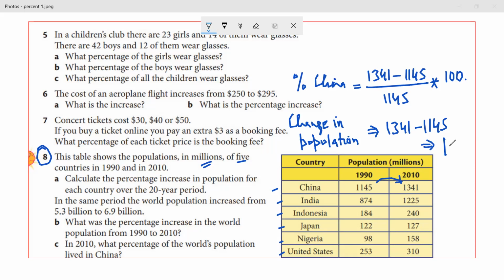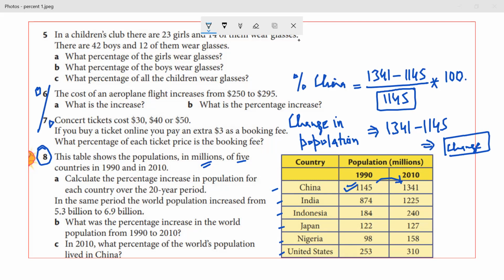So this is the change. You can calculate and you will find the answer. What was the original population? 1145 was the original population, that is in 1990. Sarthak, any doubt? No, sir. You can note a formula if you want.